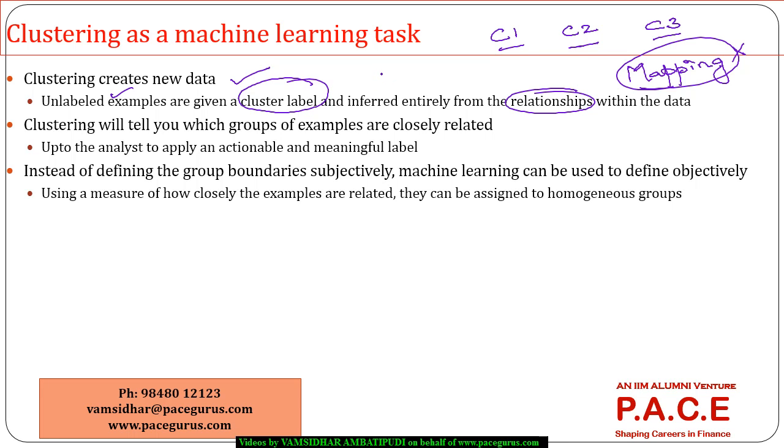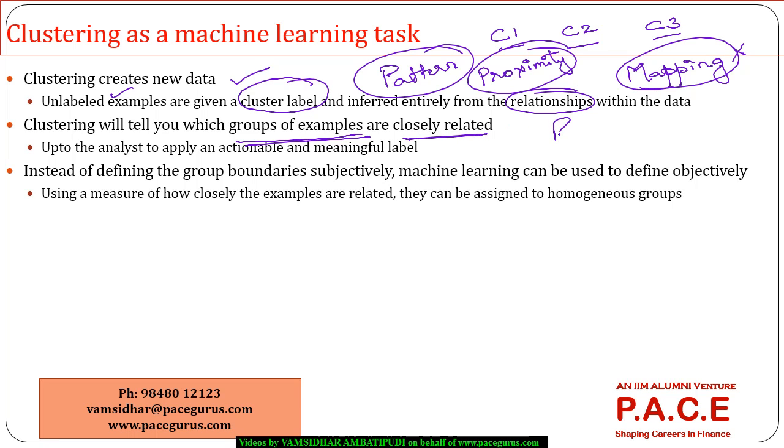So there is no formula, something like that. Based on whatever pattern I have identified within the data, based on the proximity of the various elements within the data, the cluster grouping is given to them. So it tells you which groups of examples are closely related, and which groups of examples are very much farther away from each other.